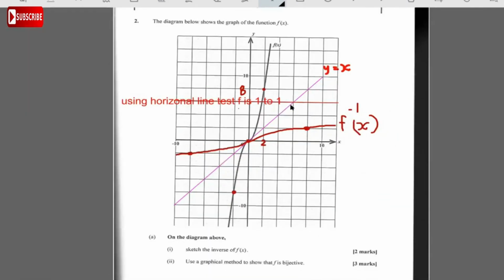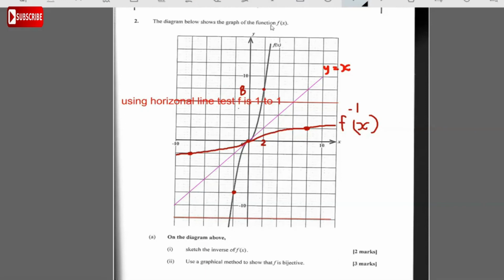Now we need to show that it is surjective. Using the same horizontal line test, as you can see, for all y there is a corresponding x, and for all x there is a corresponding y.